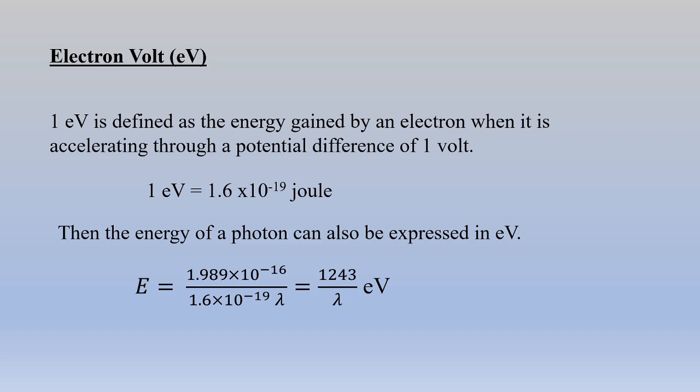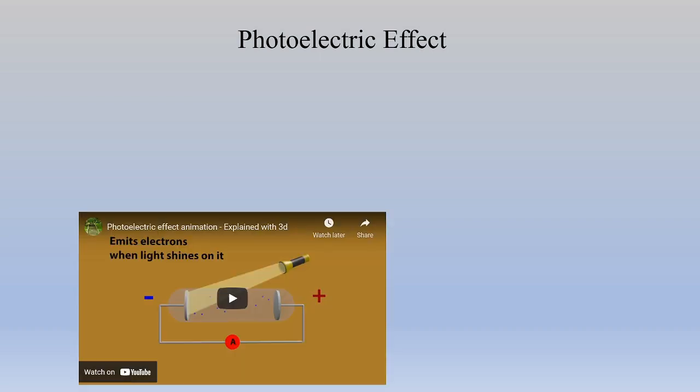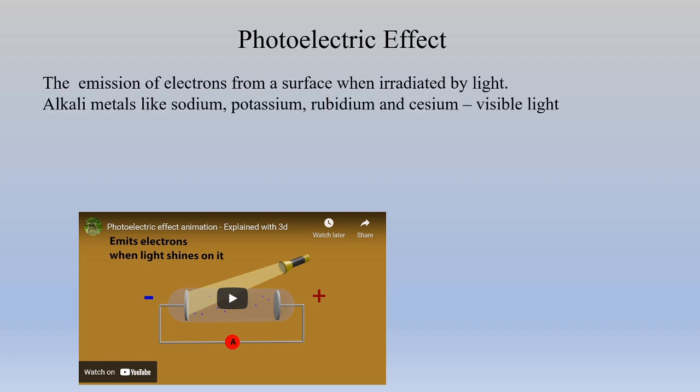Now we are moving to the new phenomenon, the photoelectric effect. When light is incident on certain metals like sodium, potassium, rubidium, cesium, it is found that electrons are emitted from the metal surface. These alkali metals show the photoelectric effect.